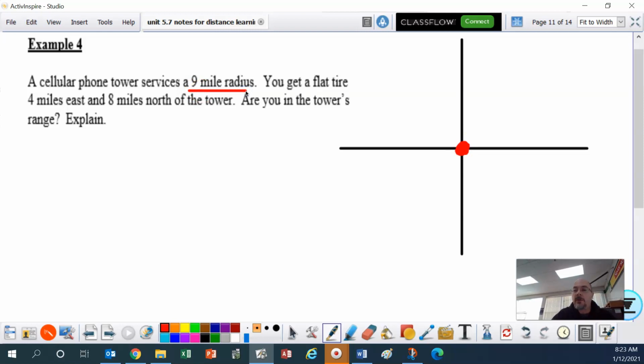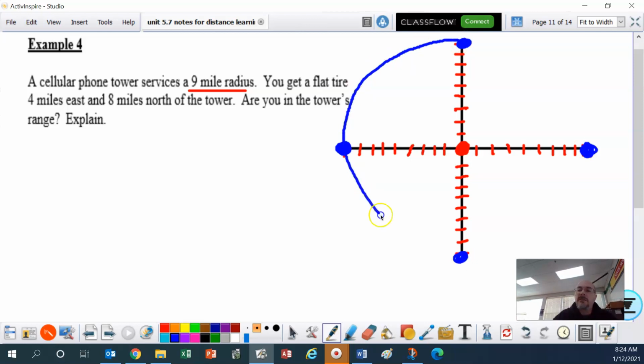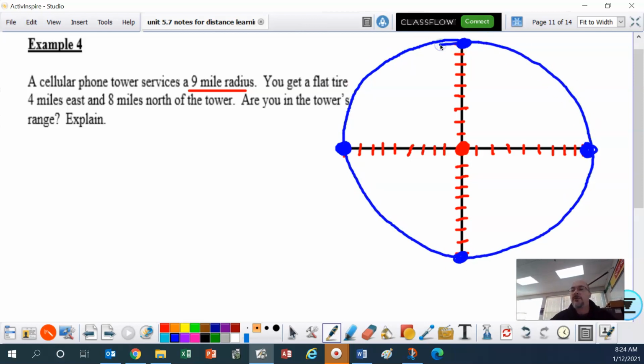So I'm going to go 1, 2, 3, 4, 5, 6, 7, 8, 9 in each direction. It services a radius of 9 miles. So I'm visualizing it here. That wasn't too bad.